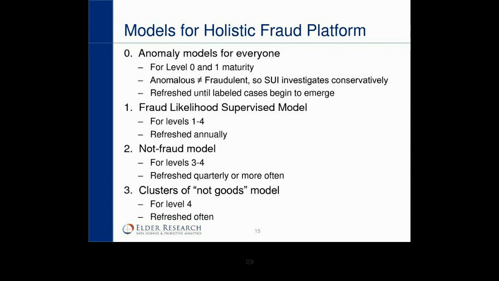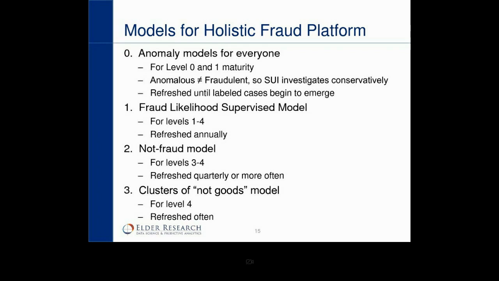The caution about this is anomalous is not synonymous with fraud. In other words, somebody might look different, but they're perfectly okay. So the investigations that are conducted based on an anomaly score need to be investigated conservatively because you're not very sure at all that it's actually fraud. But it's a good start.